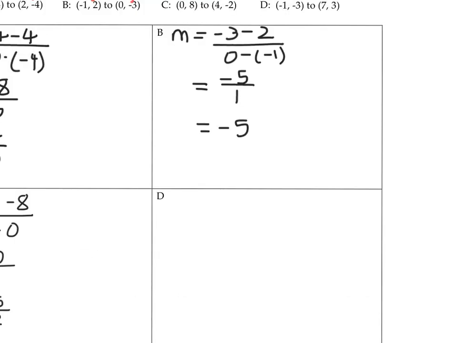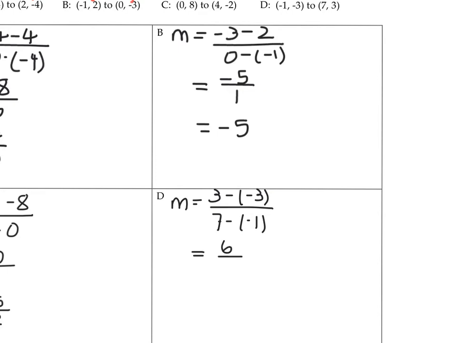Okay, for D, our slope, y2 is 3 minus y1 is negative 3. Be careful here, I hope you didn't make that mistake. x2 is 7 minus x1 is negative 1. I'm going to simplify. This becomes 3 plus 3, which is 6.